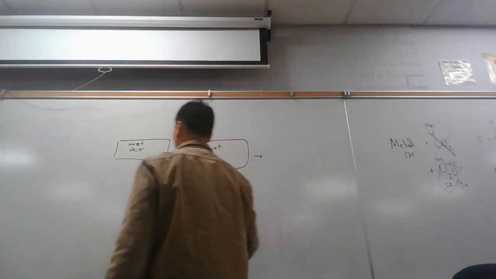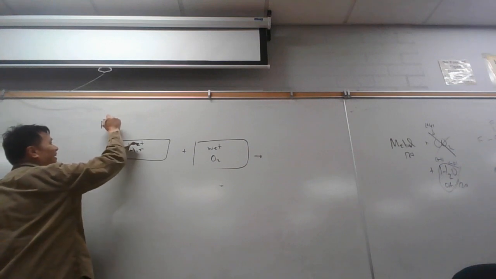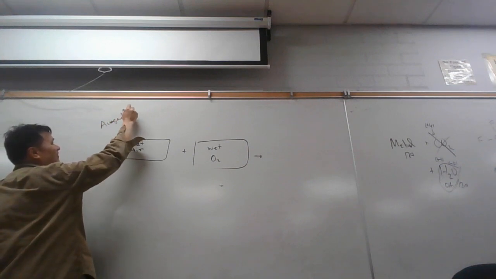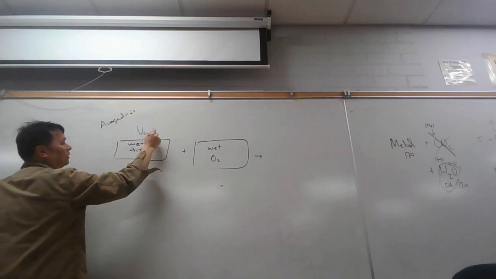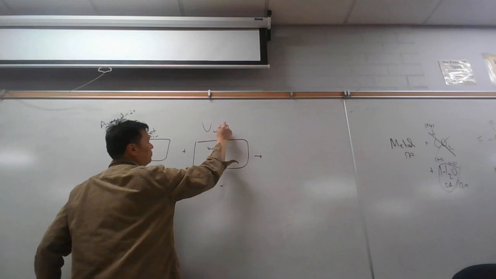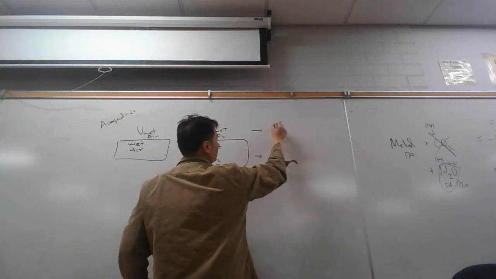And so what we're doing is this. This is called Avogadro's law. That is, the volume of wet air plus the volume of wet O2 is going to give us the volume of the mixture.